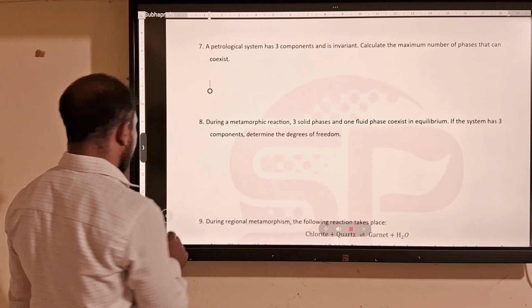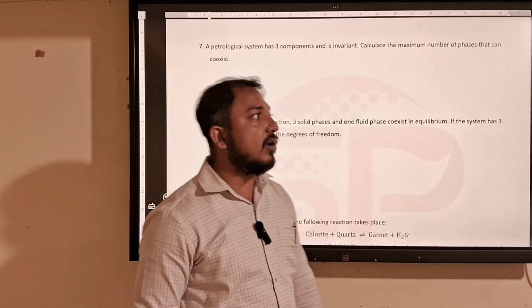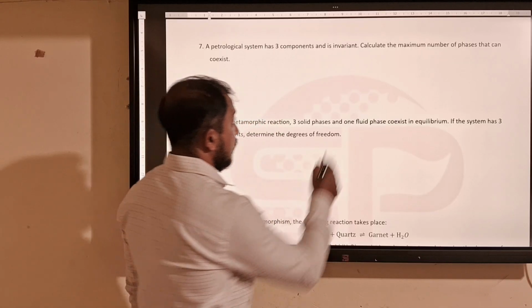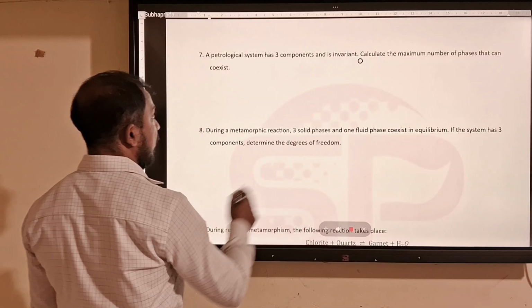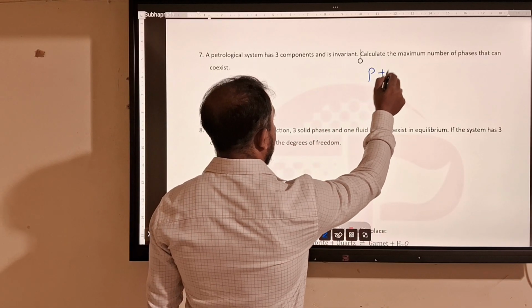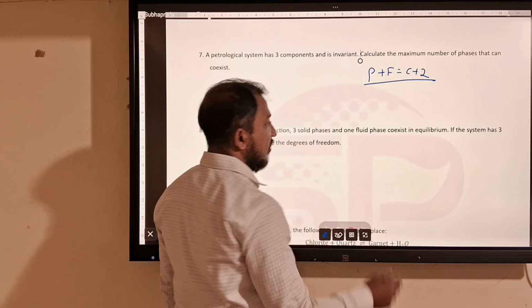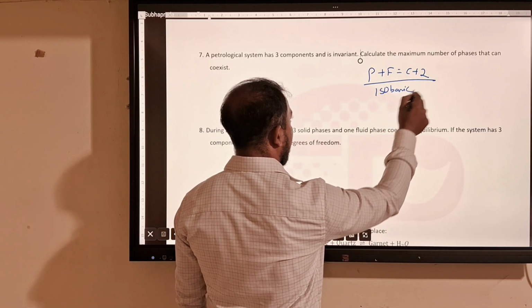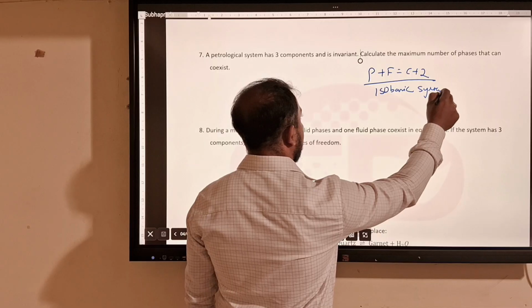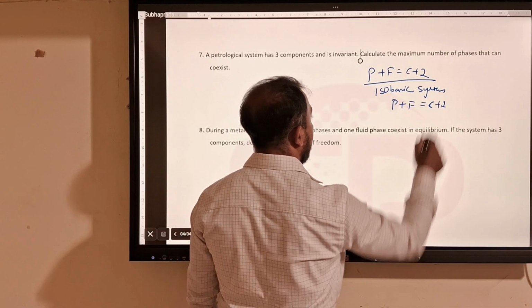Then next we'll move to another type of question, regarding the phase rule, which is P plus F equals C plus 2. If it is an isobaric system, then P plus F equals C plus 1.